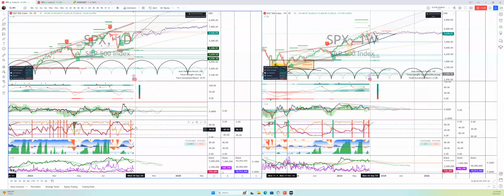This one starts moving up some more. Once this daily gets into the overbought zone, then the risk for the price to fall increases. Just like how it is over here. The weekly, the risk is high. The daily, it's low.